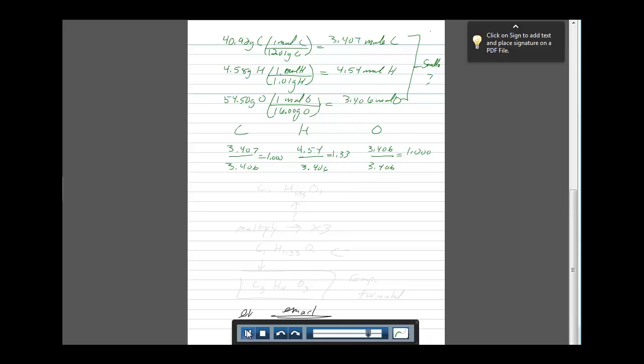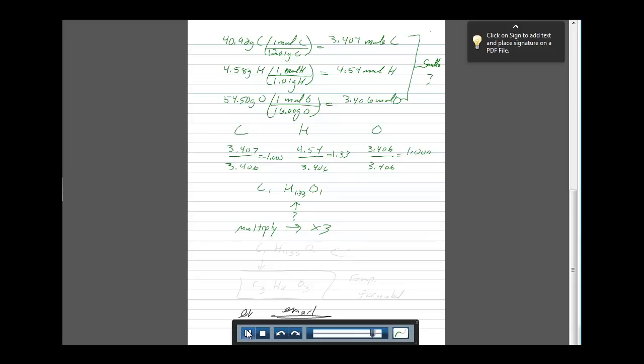So what that's showing us is that the ratio of carbon to hydrogen to oxygen is a 1 to a 1.33 to a 1. Now you can't have 1.33 hydrogen atoms. And so what we need to do is multiply this by something to give us whole numbers or something very close to whole numbers. And the best that we can do is to multiply by 3.